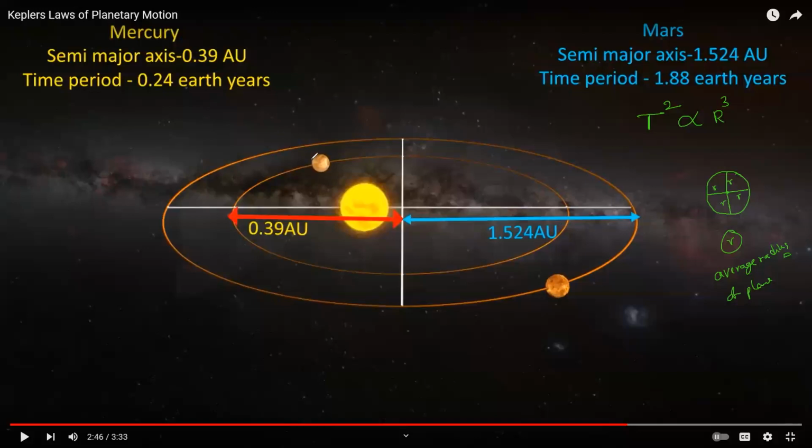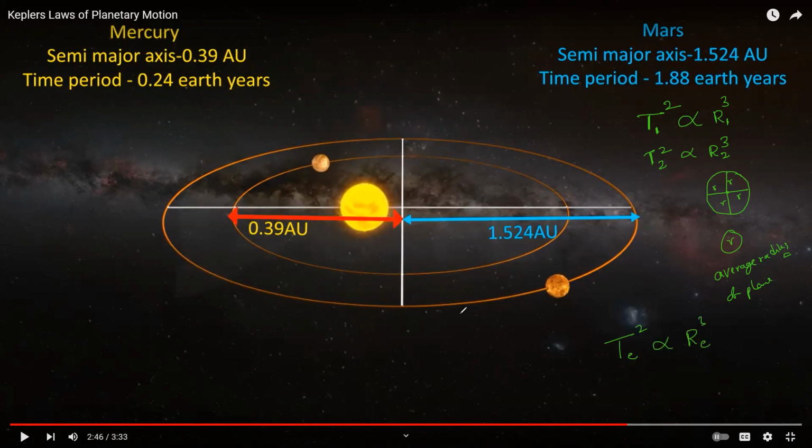Now, I take Mercury. Mercury's time period, let me consider T1, and average radius is R1. And Mars: the time period is T2 and the average radius is R2 cube. If I take Earth, let me take the time period of Earth as T square and the average radius of Earth as RE cube.